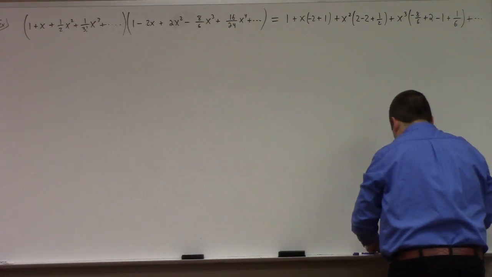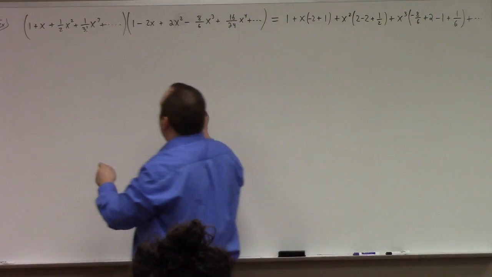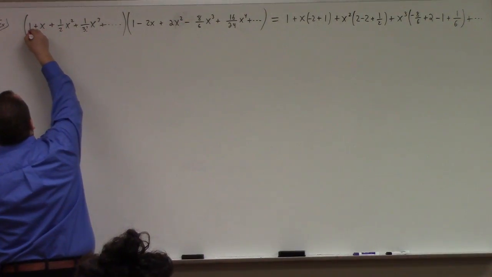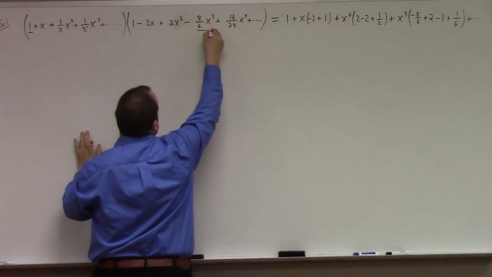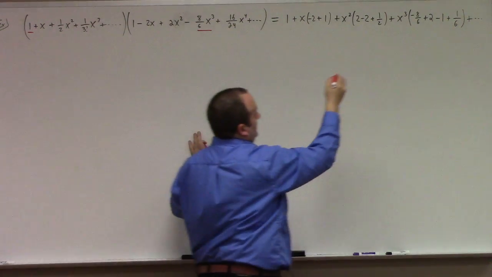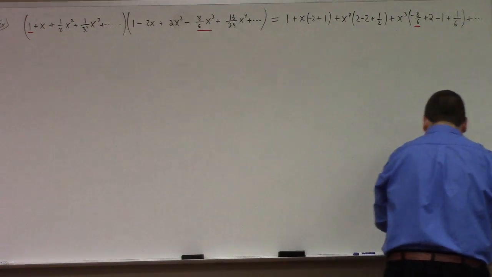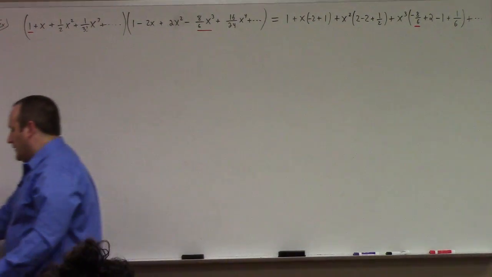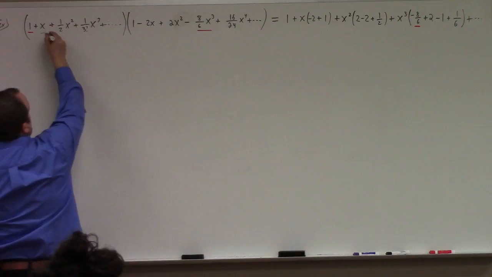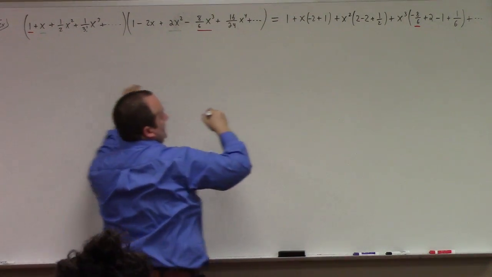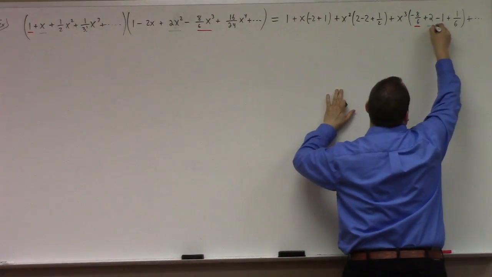Let me color code what I just did for you guys, okay? So what I'm saying is, to get the third order term, I do 1 times this. That gives me this term. All right? I did x times the 2x squared. That brings me to this coefficient.